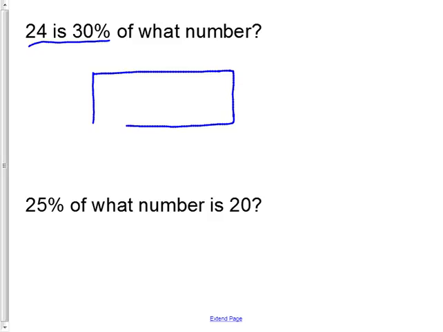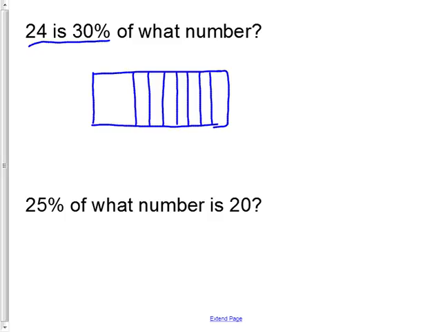If we think about a model and we think about 30%, well, the only way we can come up with 30% in 100 is if we split 100 into parts that are each 10%, and then 30% would be 3 of those 10 parts. So where I got that from is I thought of it as 30% equals 30 out of 100, and that simplifies to 3 out of 10.